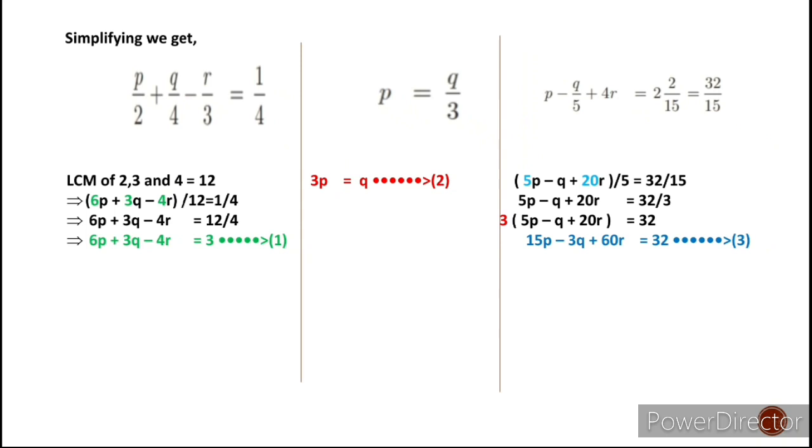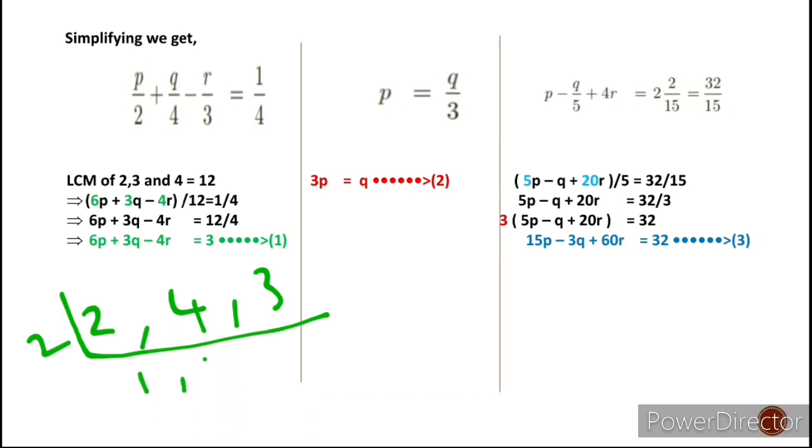How can we find the LCM? I will explain here. Take 2, 4, 3. Already you studied this in earlier classes. Divide by 2: 2 ones are 2, 2 twos are 4. Take 3 as it is, since it is not divisible by 2.